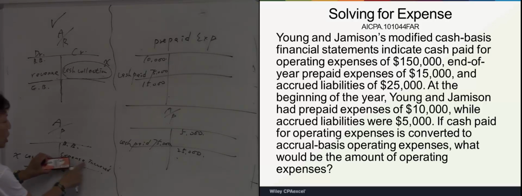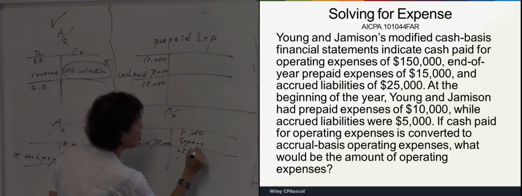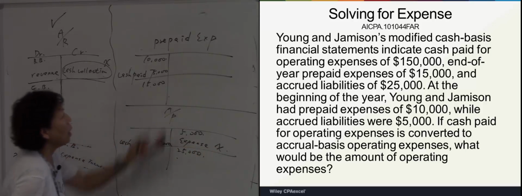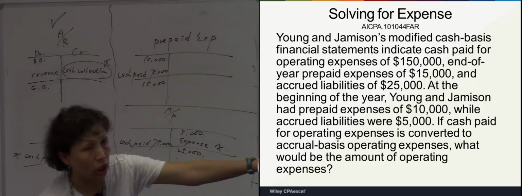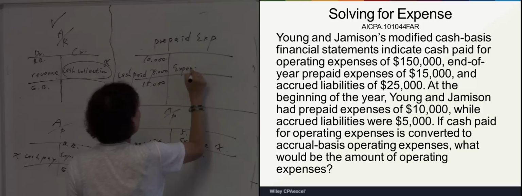See here, expense incurred. We don't know how much, right? Can we assume it as X? And here, expense incurred is in credit. We don't know how much. Can I assume it as Y?